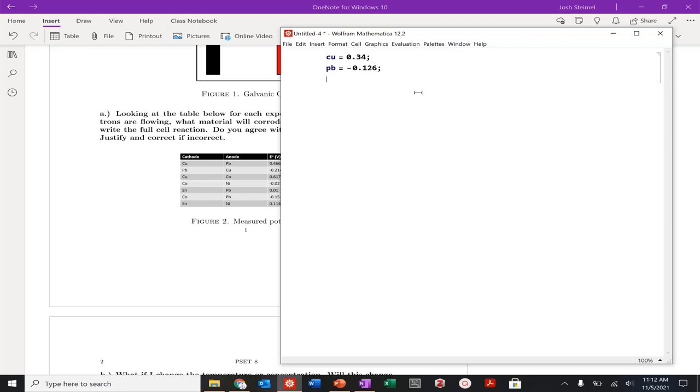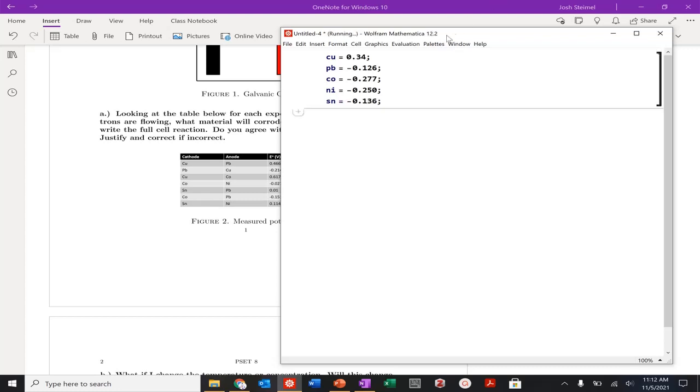Cobalt is equal to minus 0.277. Unfortunately, cobalt will probably be one of the causes of a war because of scarcity. Anyways, we don't need to talk about that. And then Sn, and I think that's pretty much it. So tin is going to be minus 0.136.